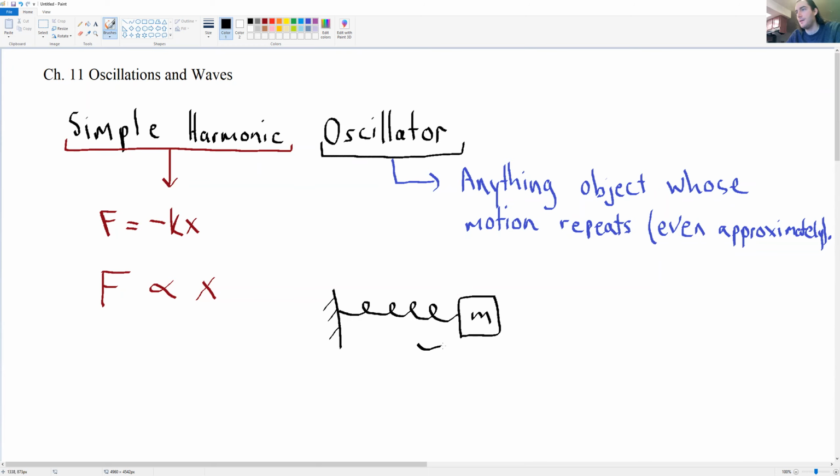So imagine that this mass is displaced from equilibrium. Let's actually just use the letter x. We won't write delta x. So the meaning of x here is the distance that the mass is away from equilibrium. We can even write that out too. So x is displacement from equilibrium.